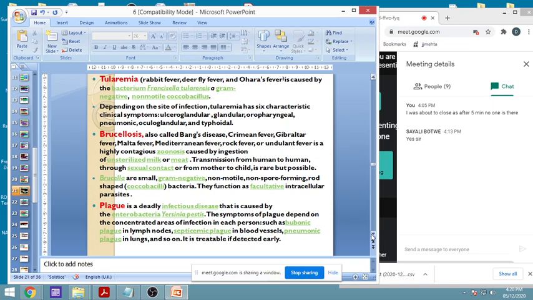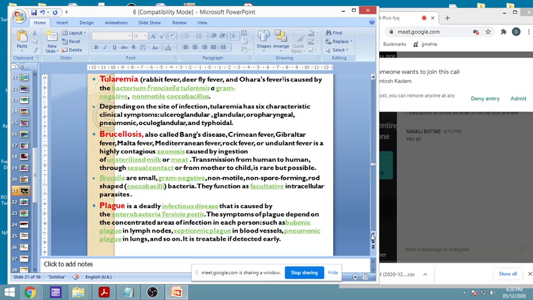The lymph node will swell, particularly in the arms or at other places. In septicemia, it will be in blood vessels and produce sepsis, and in pneumonic, it will be in the lungs. Accordingly it is treatable now if detected early. Earlier it was bubonic plague which made a big problem for people.